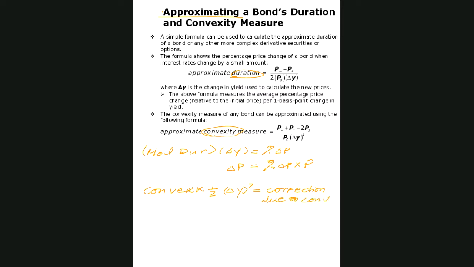Now why on earth do we need to approximate? We have learned how to get the duration or modified duration and the convexity from the coupon rate, the yield, the price, the term and everything else. Why do we need to approximate duration and convexity?